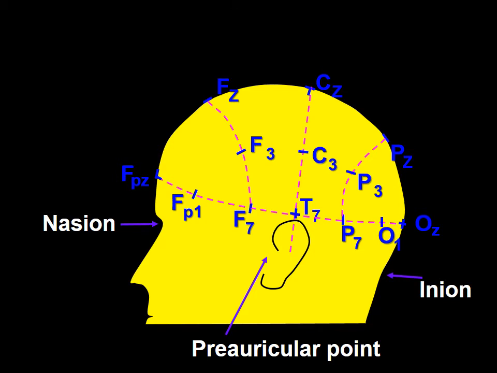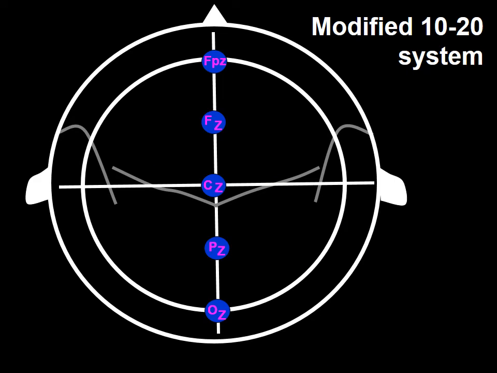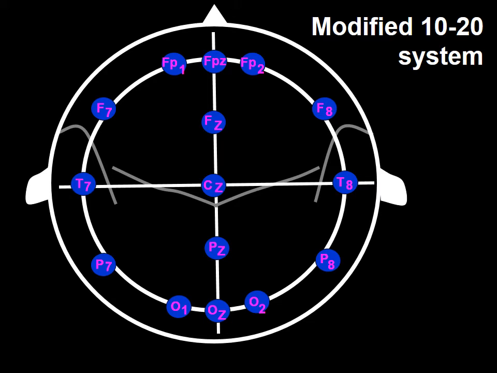So at this point, the left side of the head looks like it does in this frame. Recapping what we have done so far, we start with 5 potential sites, then 15 potential sites, then 17 potential sites, then 19 potential sites, and then 21 potential sites.